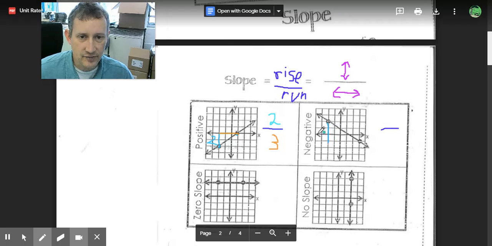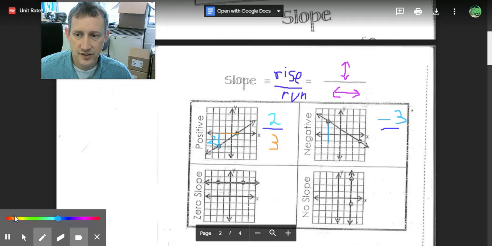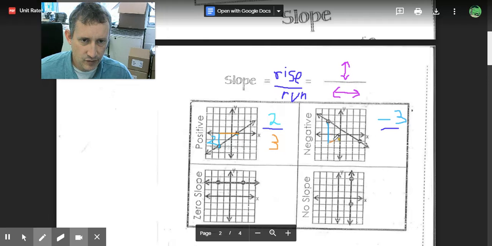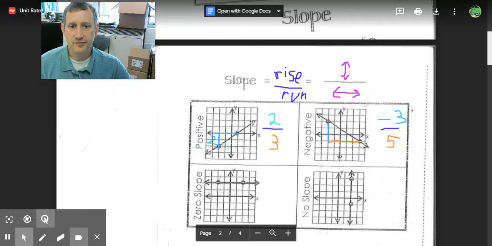So that's going down. Because it's going down, that's going to be negative 3. So that's my rise. My rise is actually going down. Then the run is going to be 1, 2, 3, 4, 5. So it's negative 3 over 5. Did you get those numbers?